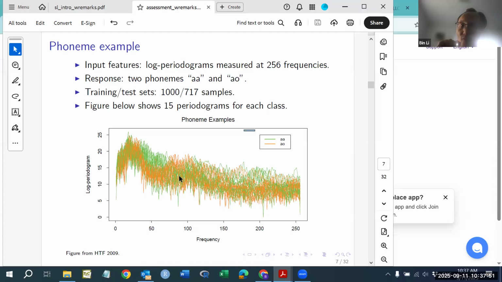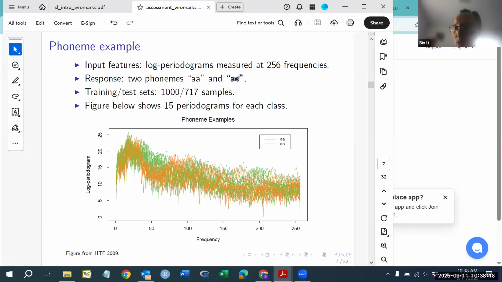The voice is recorded and represented through a technique called log periodograms. These are the log periodograms measured at 256 frequencies. And the response has two classes, two sounds.